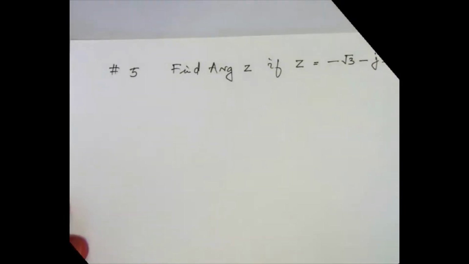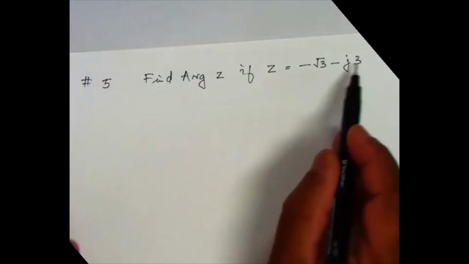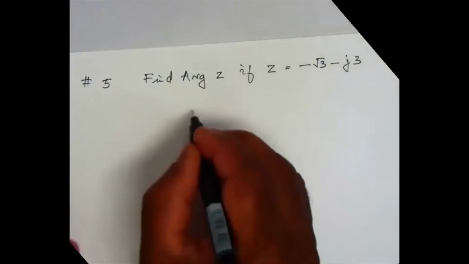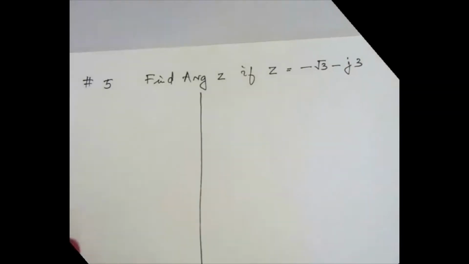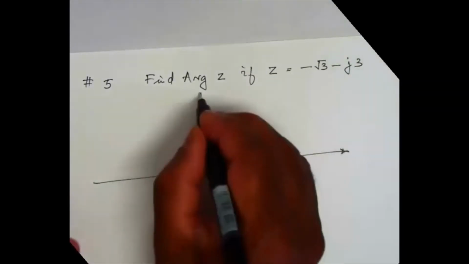So now you can see these numbers are the same, but the signs are different, so we will have a different vector or different phasor there.